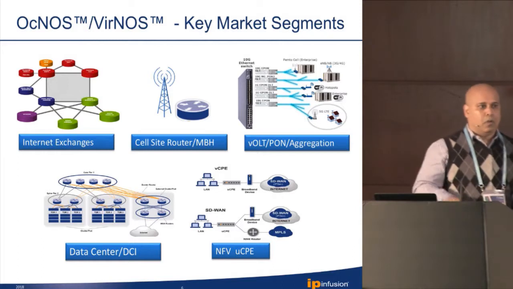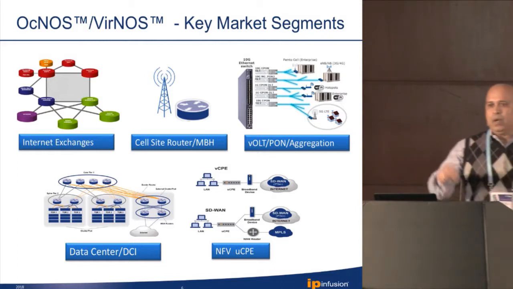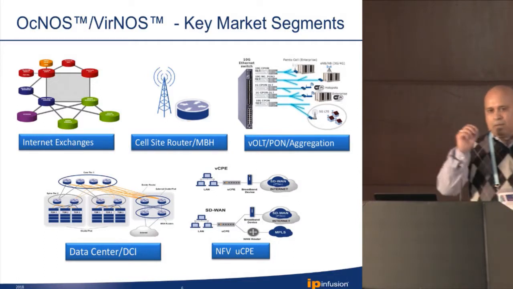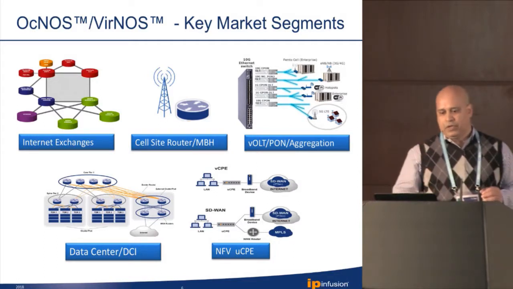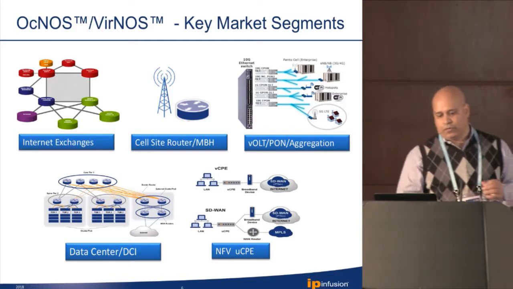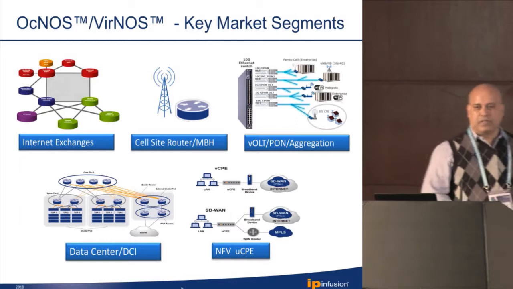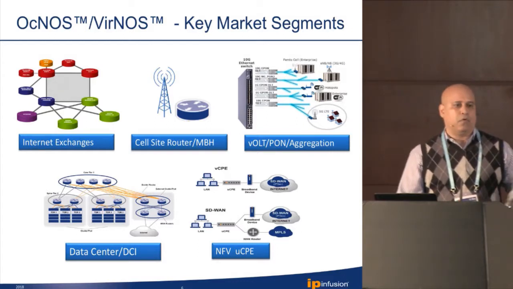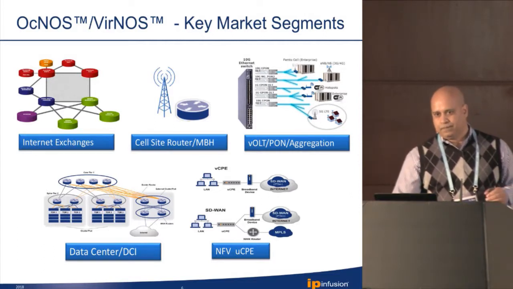In OCNOS, through a container I will show you, we are also supporting the OLT function. So for PON and aggregation, we have the software for you. The same goes for data center DCI functions as well as NFV environments for uCPE, vCPE, or SD-WAN.